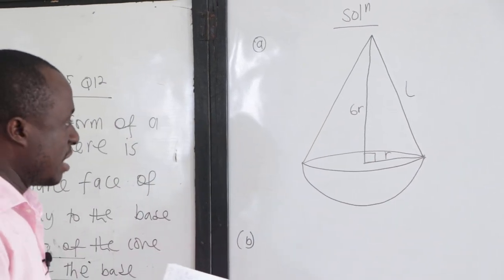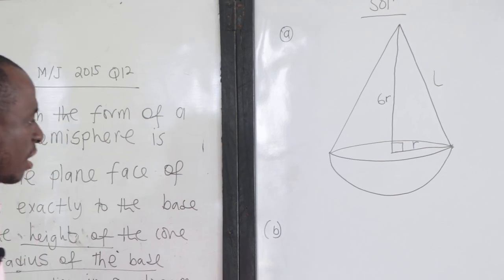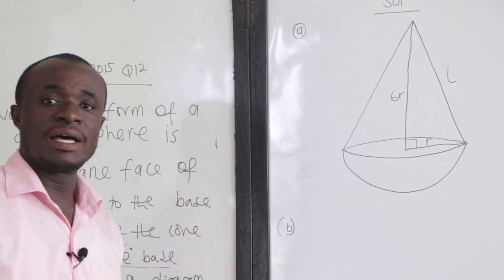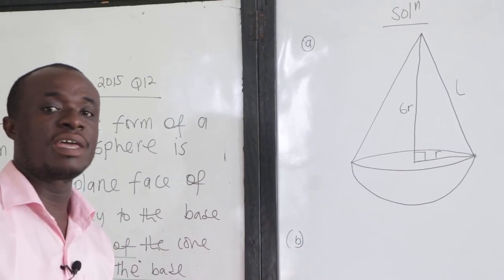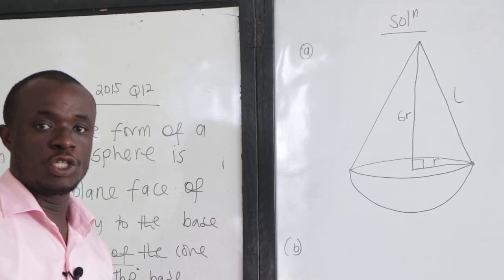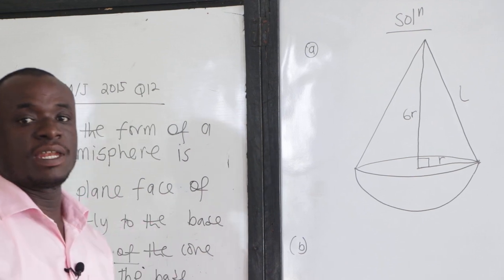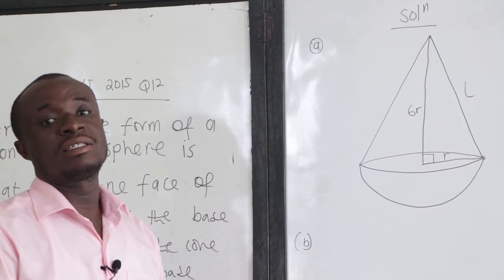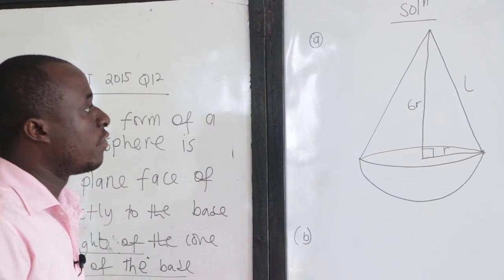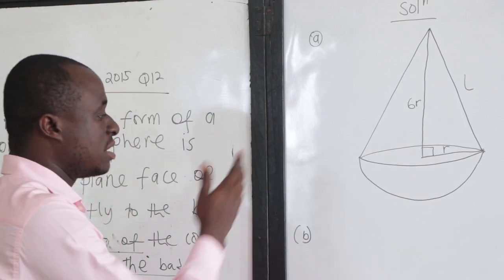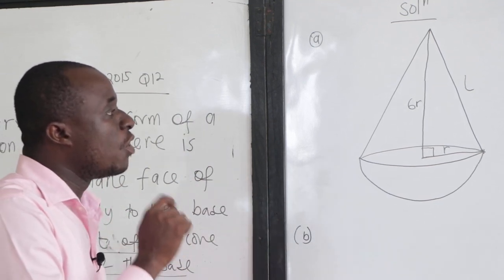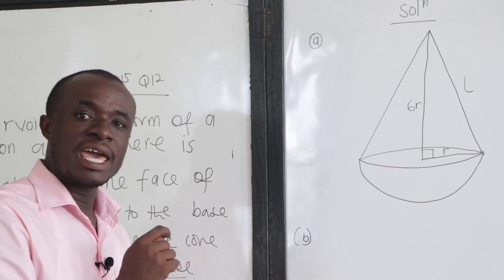Now, the second one is telling us that if the volume of the reservoir is 333 1/3 pi meters cubed, then we should find (i) the volume of the hemisphere, and then (ii) the total surface area of the reservoir. Now, this reservoir is made up of a cone and a hemisphere.